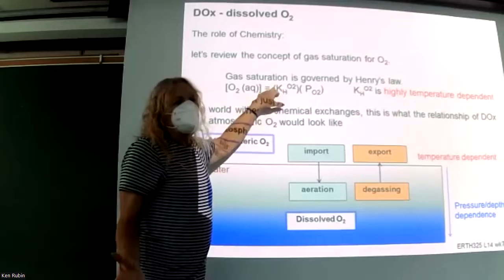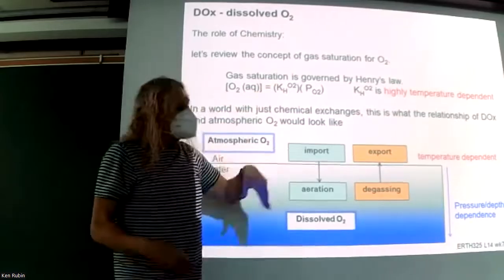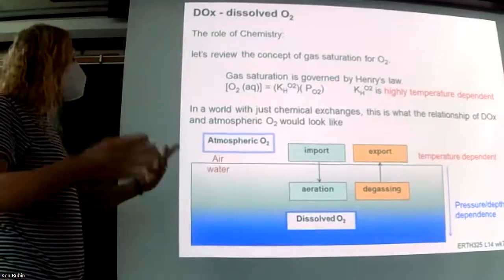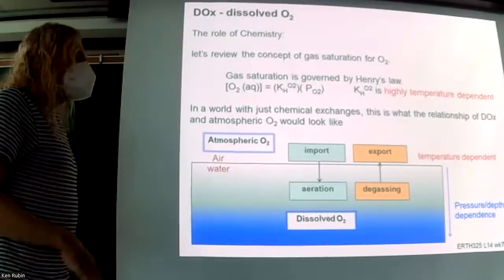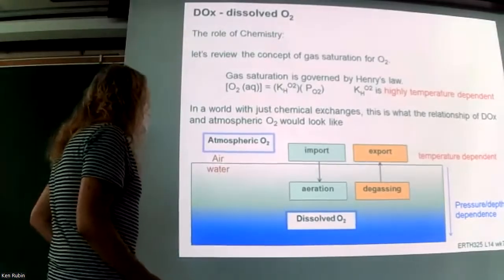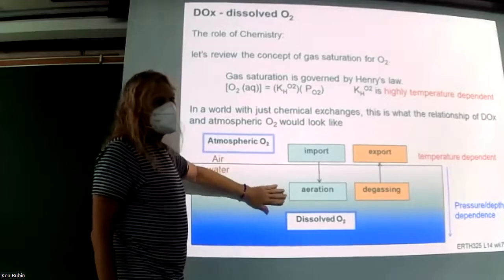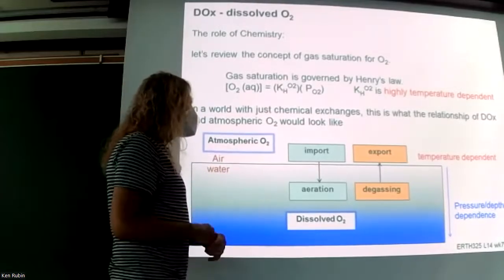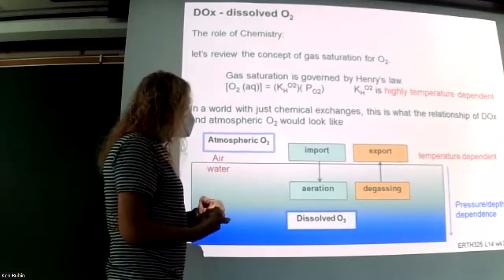The key thing is that this is temperature dependent. For a lot of gases, when it's cold, we can put more gas in water, and when it's warm, we can put less gas in water. When there's no biological activity affecting the oxygen, then the oxygen concentration in the lake is largely a function of temperature. We've talked about that before, and I'll remind you of that in a moment.